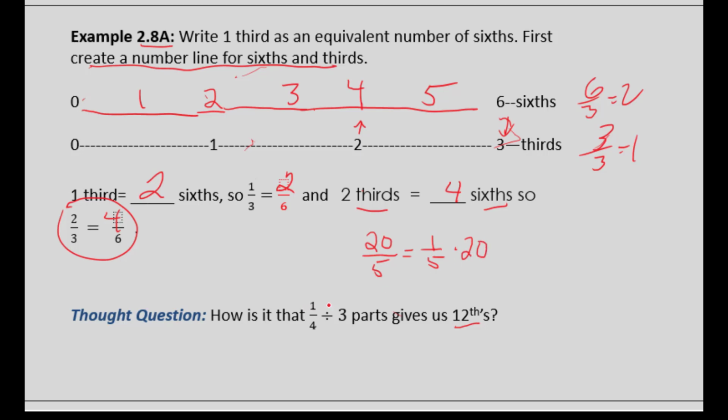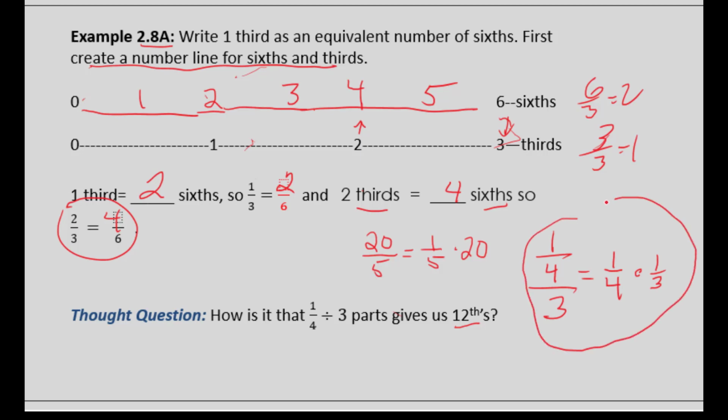So 1/4 divided by 3 is the same thing as 1/4 times 1/3. And we're going to do this in chapter 3. I wouldn't worry about it. It's a thought question. It just extends our thinking. It's like FYI.